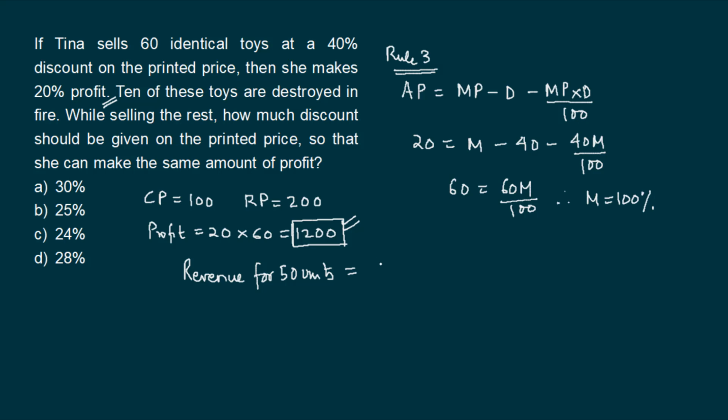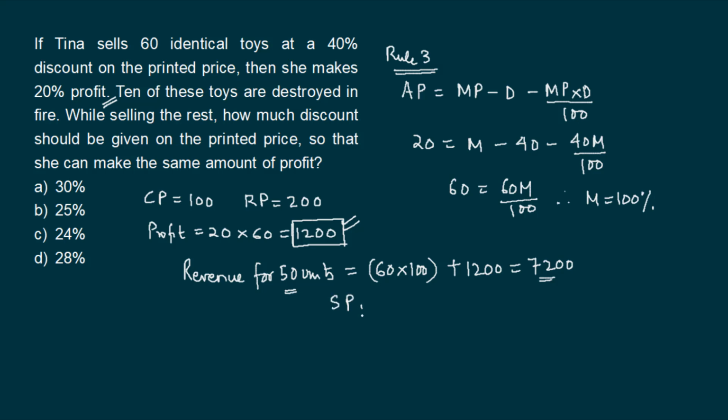She is expecting the full recovery of cost price of 60 units, 60 into 100, and the profit of 1200. That means she is expecting 7200 from the revenue of 50 units.